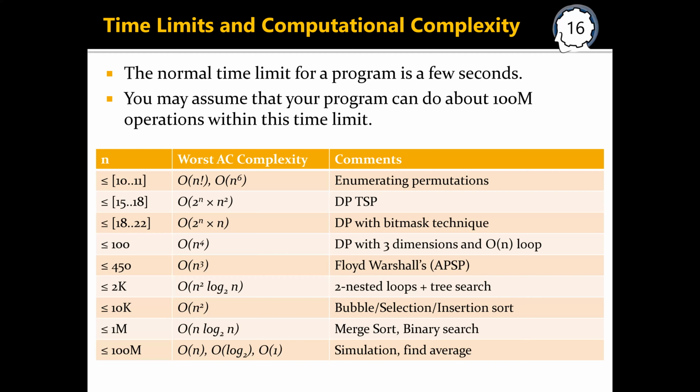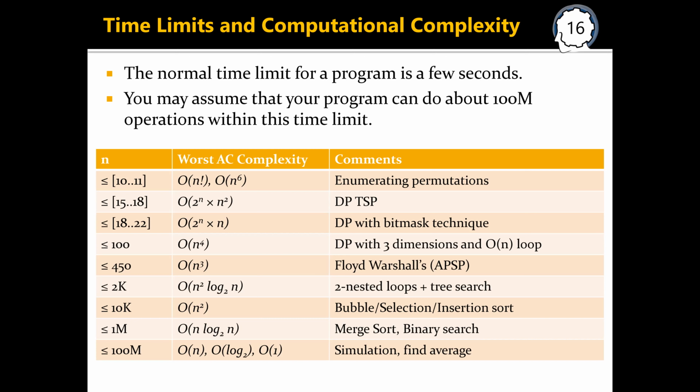The assumption you can make is that you can do about 100 million operations. This is a very good rule of thumb: if you can solve the largest instances of the problem with at most 100 million operations, then you should probably be within the time limit. It's just a rule of thumb, so it can be a bit more or a bit less, but this usually works.